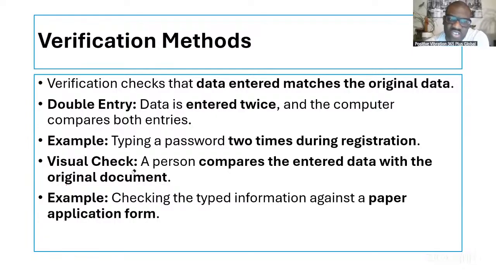So again, with double entry, the computer does the checking, making sure that what you enter twice is the same. Whereas with visual check, you manually have someone checking the data that was entered into the computer to see if it matches what is on the original document. Now, this happens especially in the sales department.